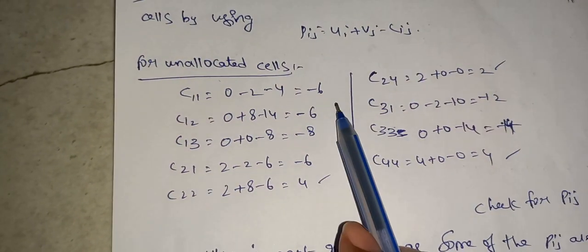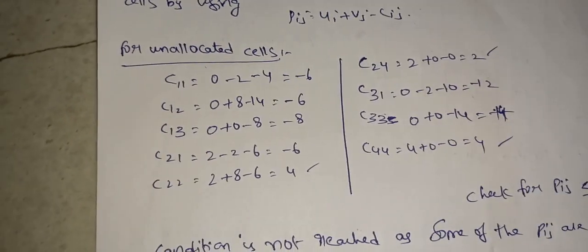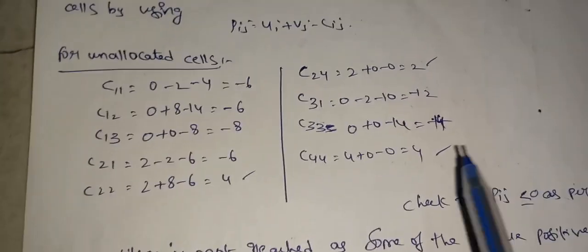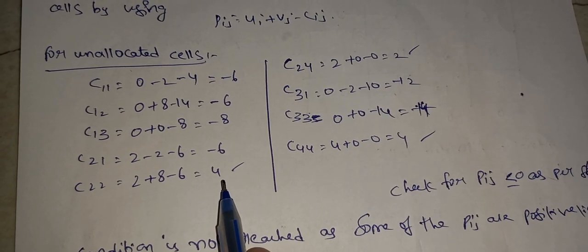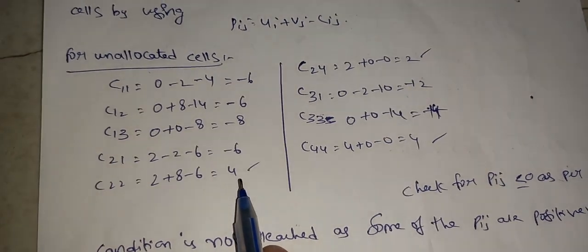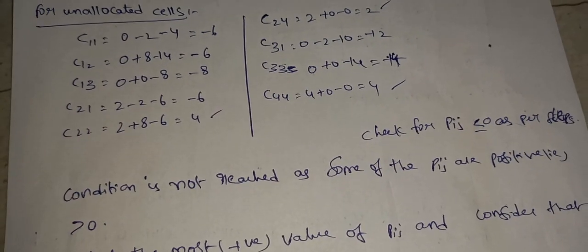See here 6. We have to do this process for all the non-allocated cells. I have done it here, and I got 3 positive values, but positive values are not entertained here. So we have to go for another iteration.